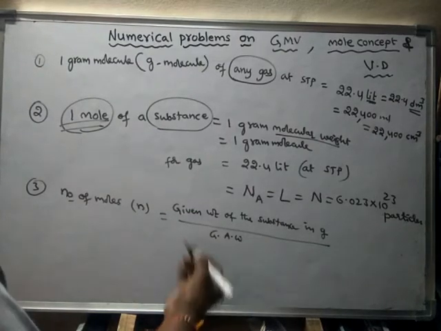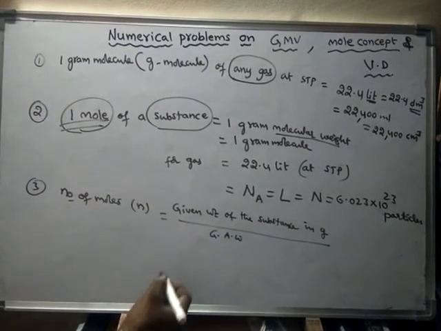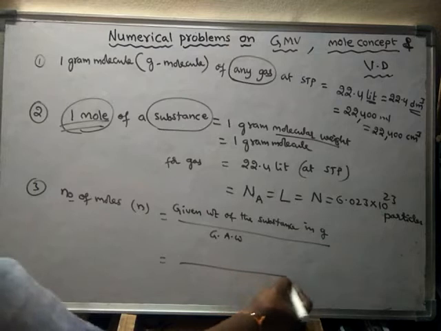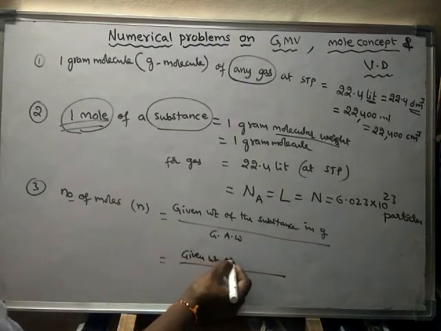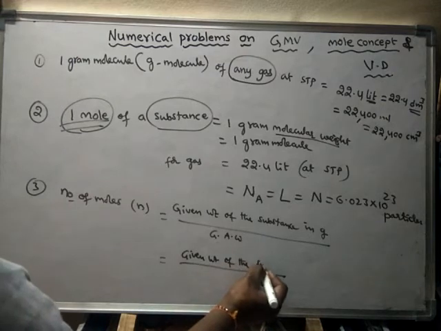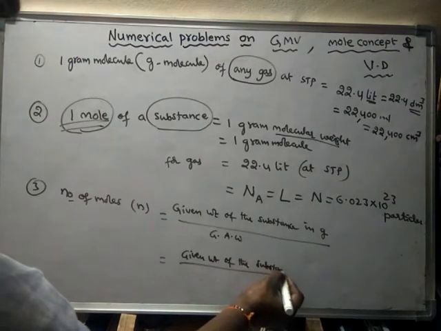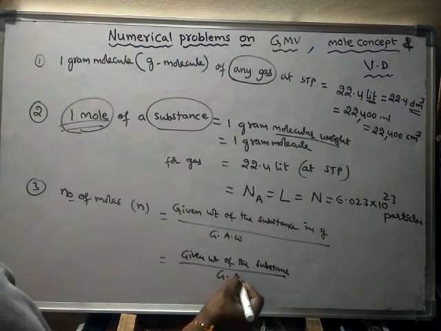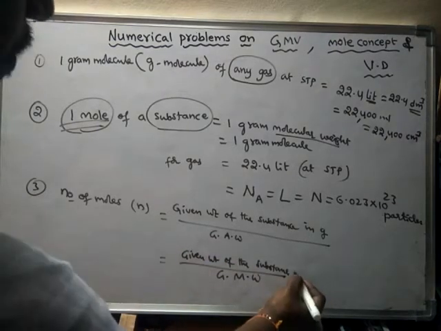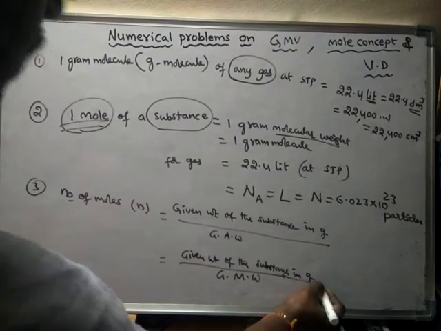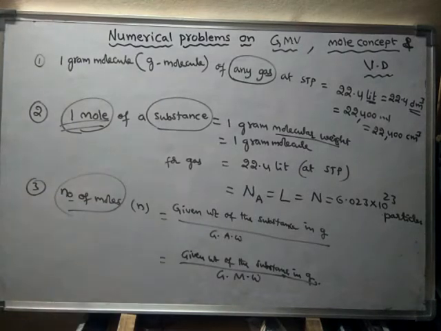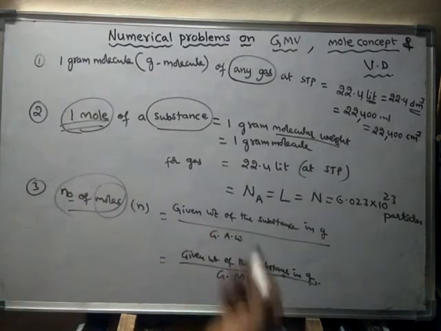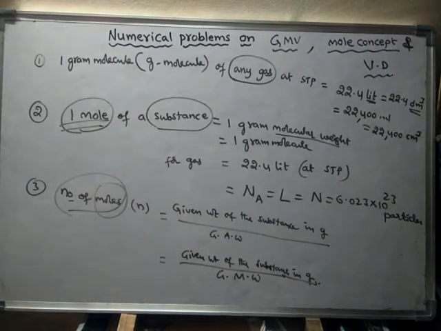If the substance is an atom, then we have to take atomic weight, or if the substance is a molecule, then given weight of the substance by gram molecular weight. So like this. This concept of mole is used for atoms as well as for molecules.